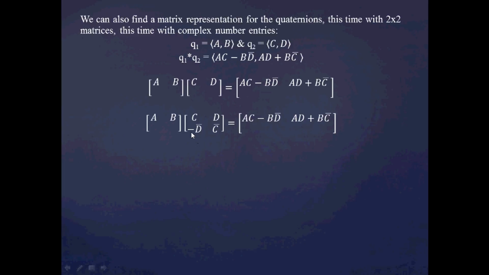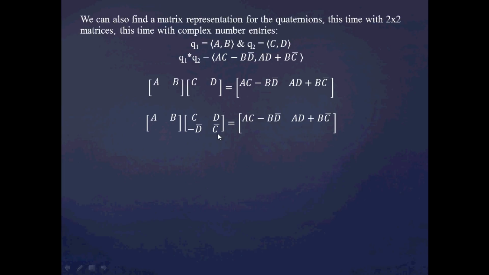It should be -D bar. And then I'm going to use the same argument for what the entry down here should be. So I'm going to have A times D plus B times something, which is going to give me AD + B C bar. And again, here the AD looks pretty good. Then B times that something down here has got to give me B C bar. So it's pretty obvious that that thing down there should be C bar.